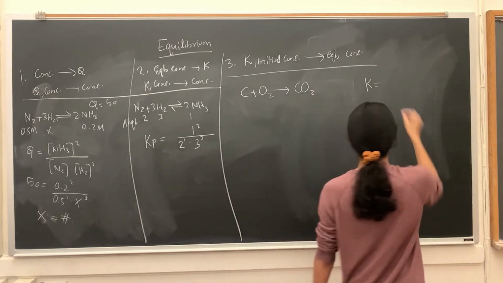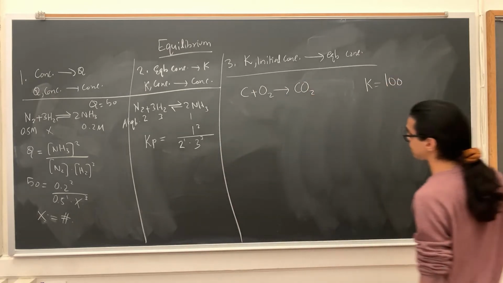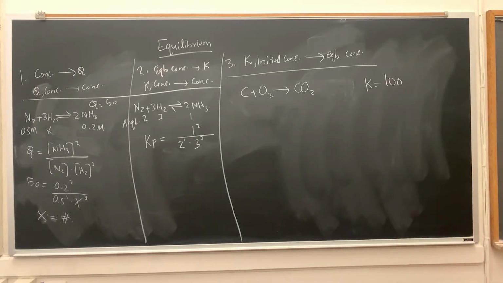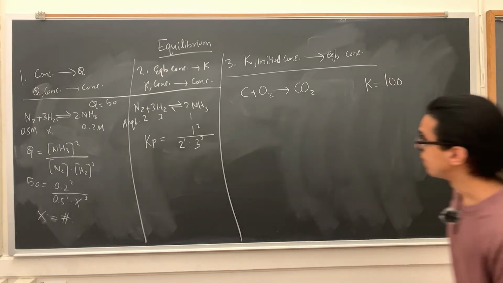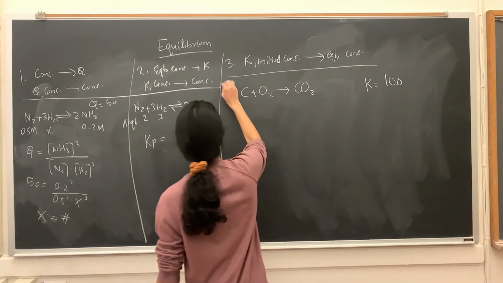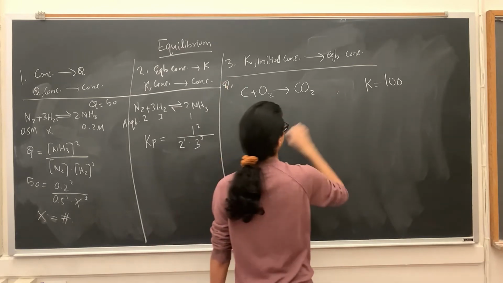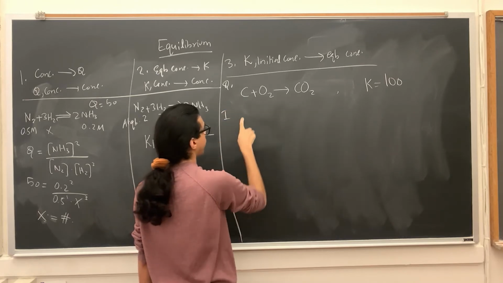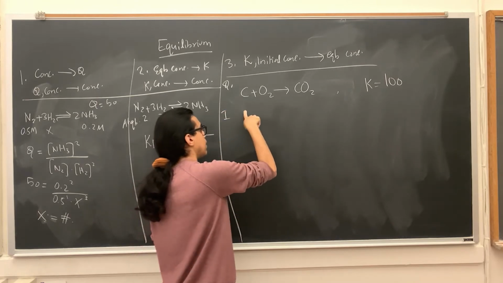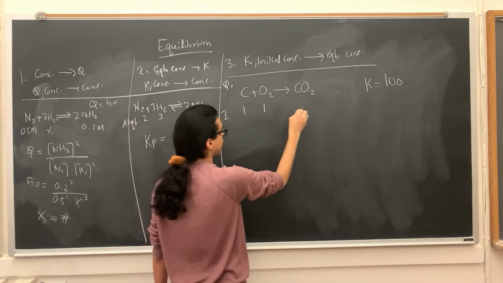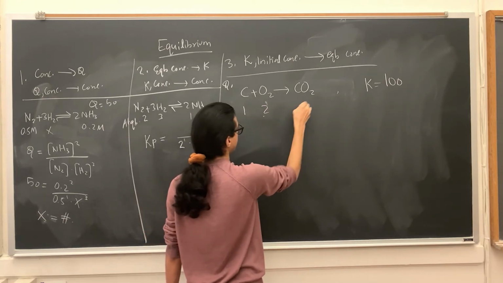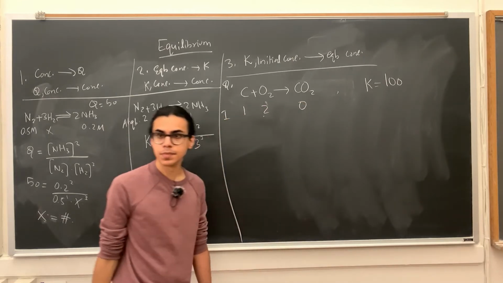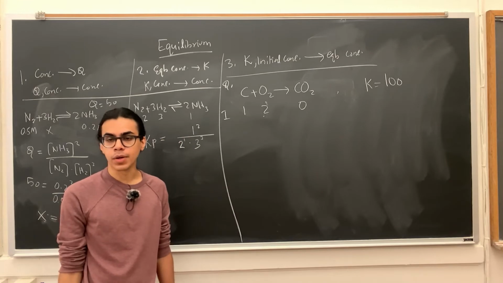Suppose the K value is 100. So this is the question. I've given you the K value, and I've given you the initial concentrations. Let's say this was 1, this was 2, and this was 0. Okay?